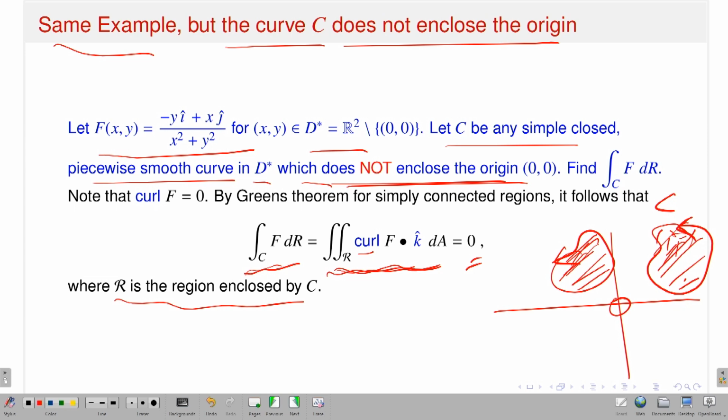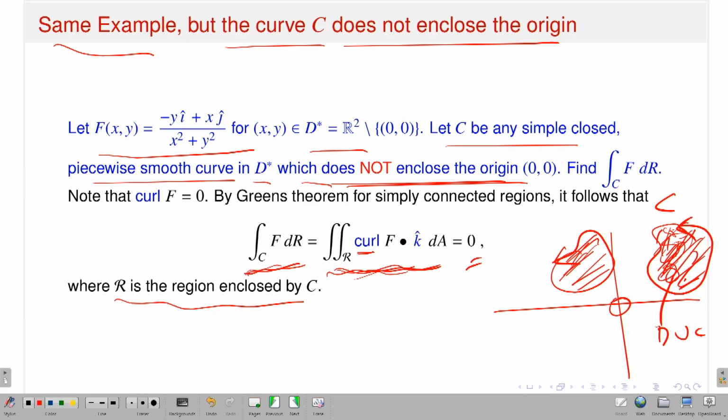It is actually simply connected, right? Once I have a simply connected domain, the corresponding statement is that the vector line integral of capital F over C is nothing but the double integral over R of curl of F dot k cap. What is my R? R you can think of either as the interior domain D along with the boundary, or you can think of this as the R.